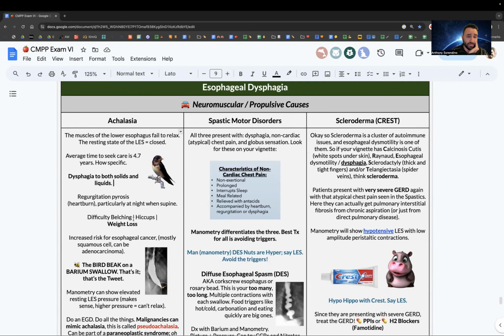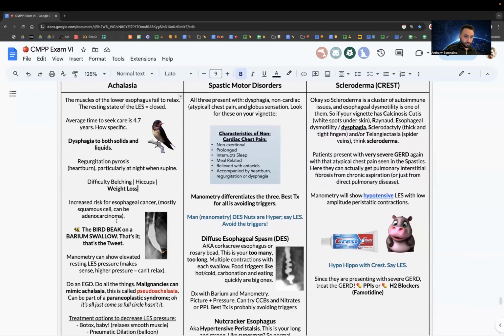Things to look for on a vignette: difficulty belching, hiccups, and weight loss. That could point you in the direction of a malignancy, but it can also just be from achalasia. Another big thing on a vignette is going to be this bird beak on a barium swallow. You can see on the picture there the food is just getting stuck.